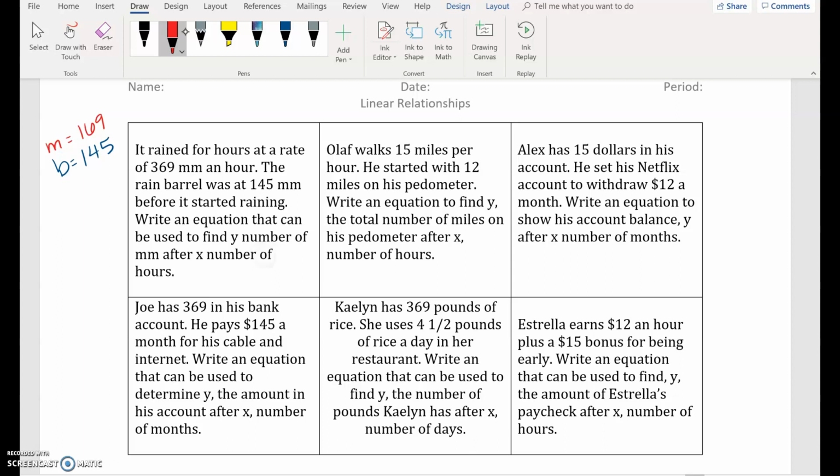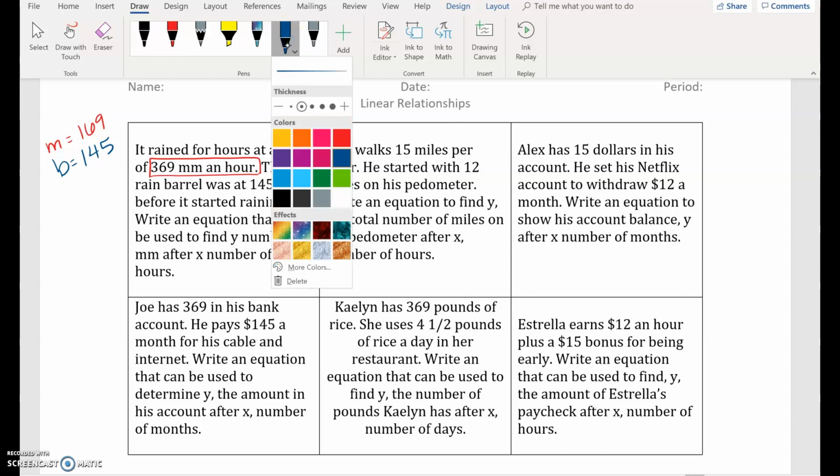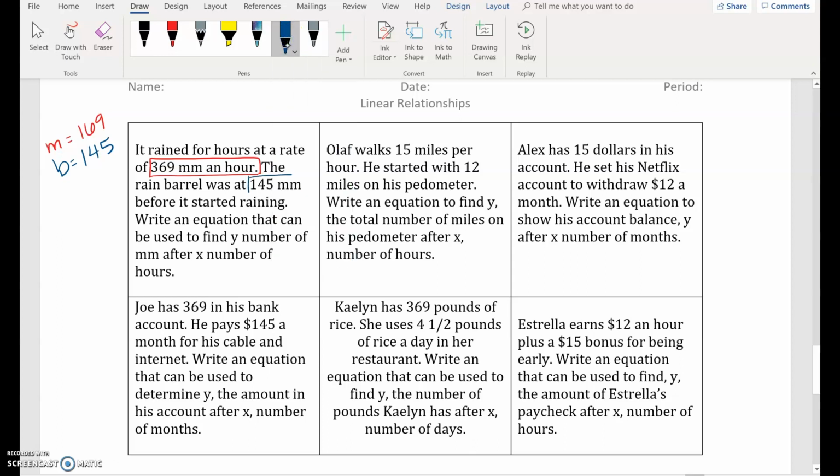So 369 per hour, and it was already there. The starting point was 145 millimeters. Write an equation that can be used to find the number of millimeters after x number of hours. That looks pretty good to me, but let's make sure.